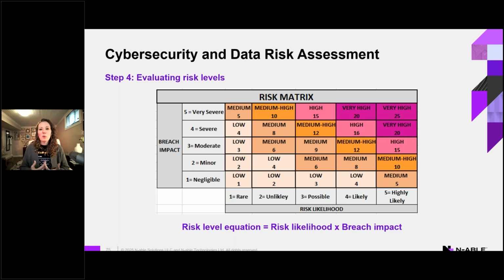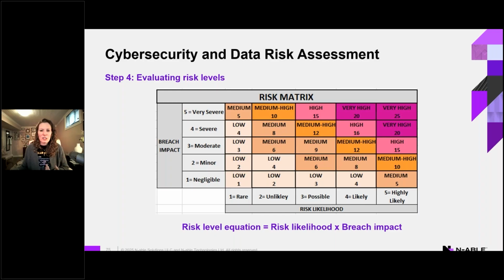And then step 4 is all about evaluating the risk levels. We're just doing this via a risk matrix. It's basically taking all the information that we've collected up to this point for each asset, along with the ratings that we've assigned in terms of risk likelihood and breach impact, and then grading the risk that's inherent to each asset on a scale of low to very high.